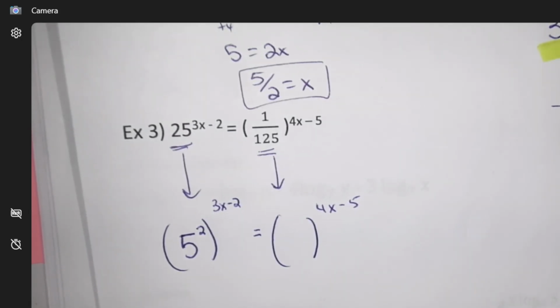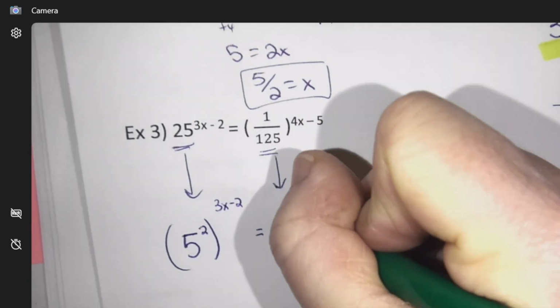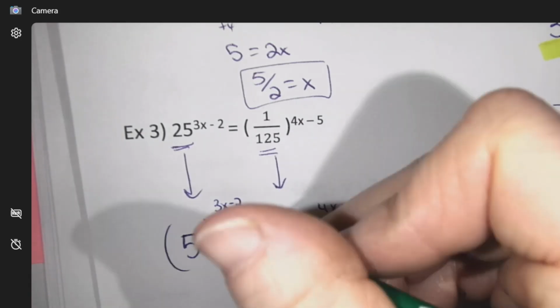How can you replace 1 over 125? 5 to the, good, -3, because it moved to the bottom, so negative, and then cubed is 125.